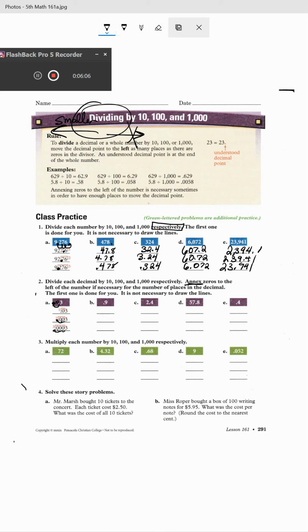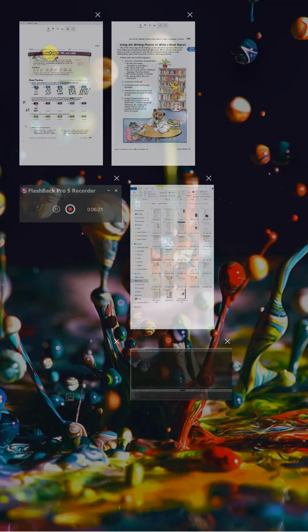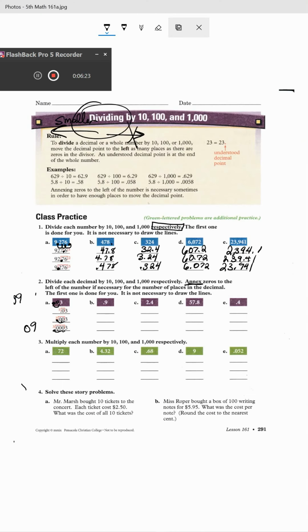In whole numbers, if I write a 9, okay, if I put a 0 here on the other side, and I don't have room, let me try the 9 over here. If I put a 0 there, that's still 9, right? It's still 9 in the ones place. I could put a 0 here, it's still 9 in the ones place. Do you see that? So in the whole numbers, it's the opposite direction.